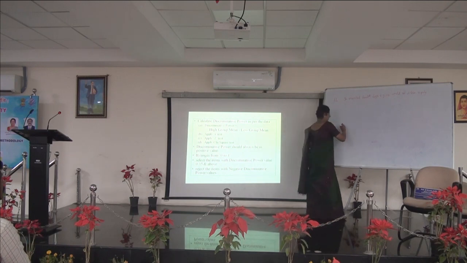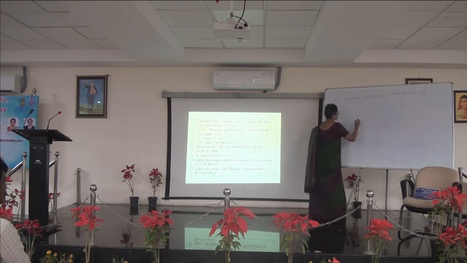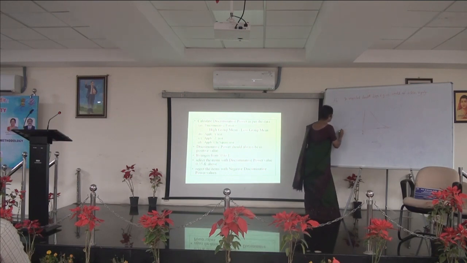Now take this normal probability curve. This is the mean, and this is 3 sigma, 2 sigma, 1 sigma.